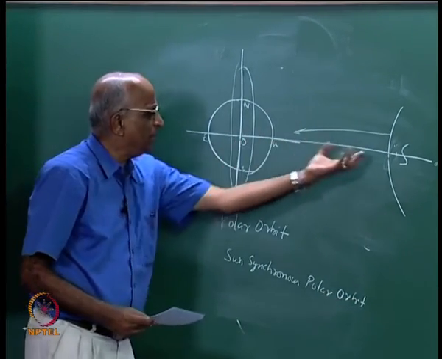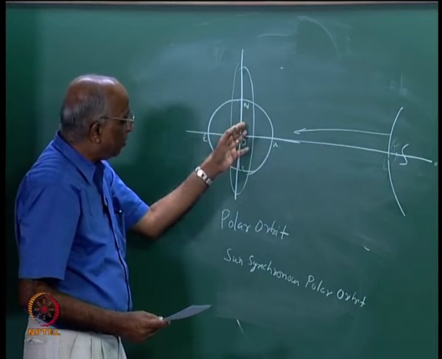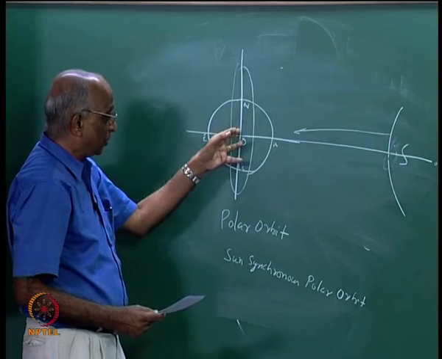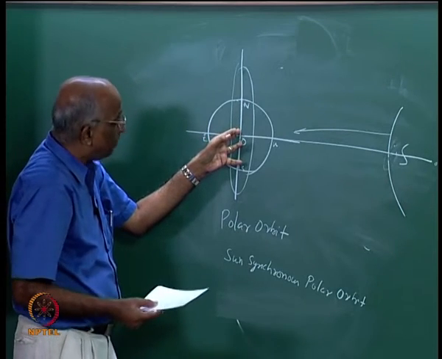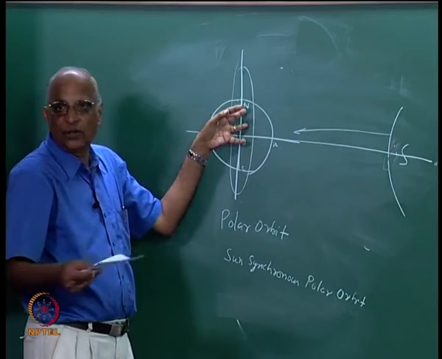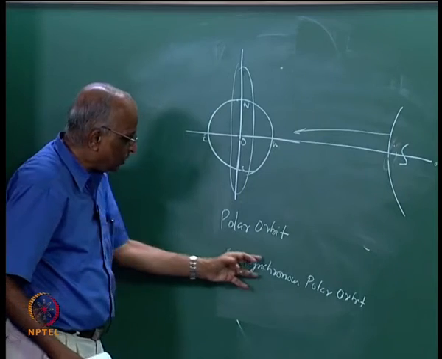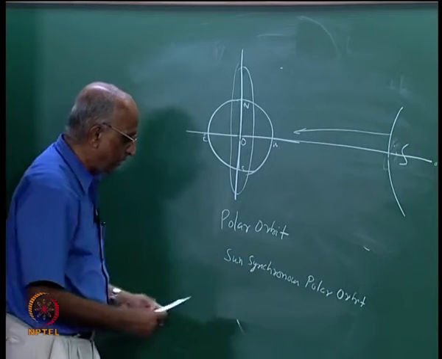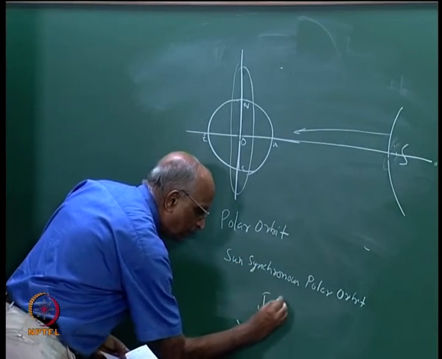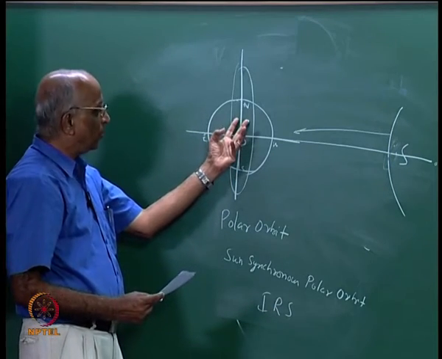If the line joining here and the polar orbit makes the same angle, the intensity of the sun which the satellite sees on the earth or any other planet will be the same, and therefore I can compare the reading I take today with some other day. This is known as the sun synchronous polar orbit. And in our country we have Indian remote sensing satellites which keep looking at the earth.